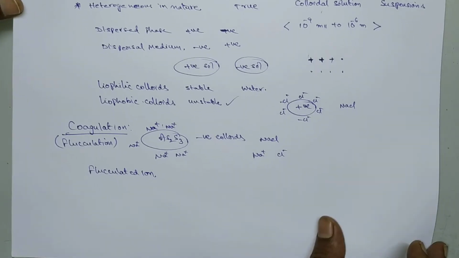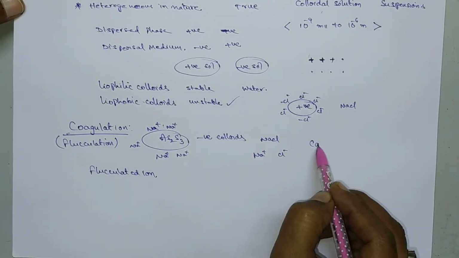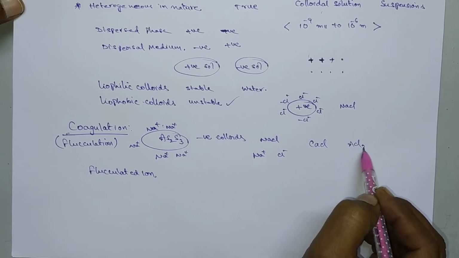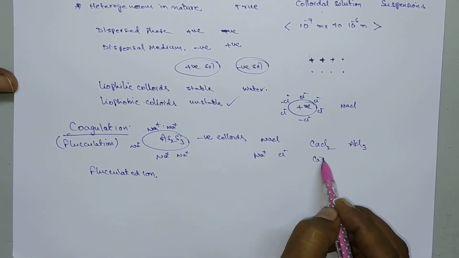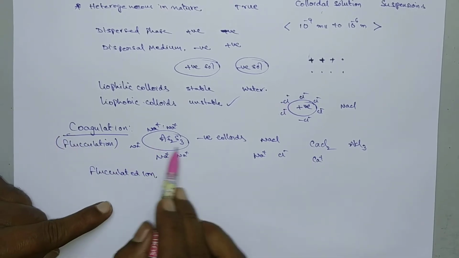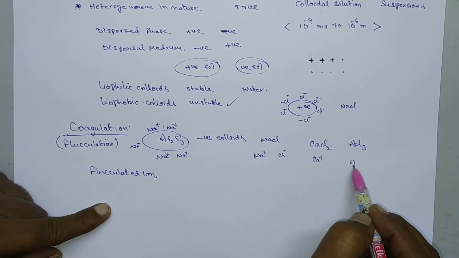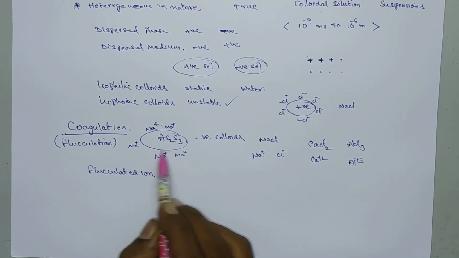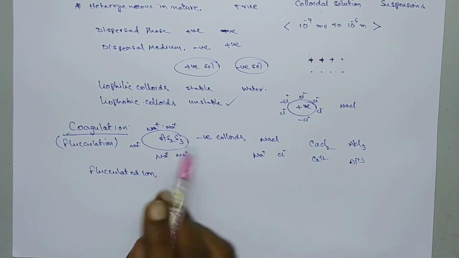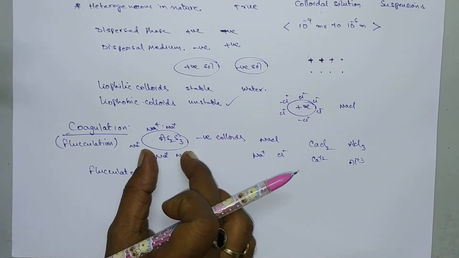If you take different electrolytes like calcium chloride or aluminum chloride, AlCl3, the Ca2+ ion is responsible for coagulation of this arsenic sulfide sol, and the Al3+ ion is responsible as well.